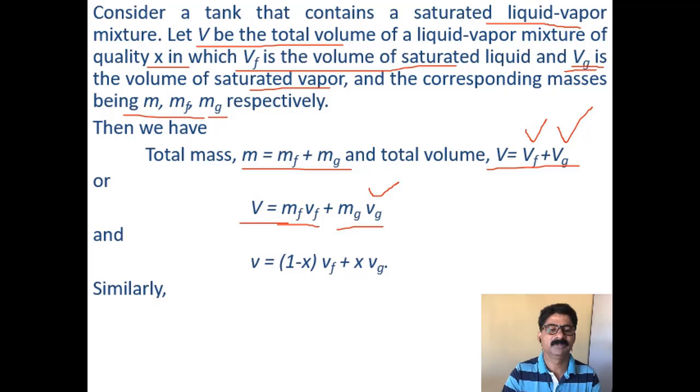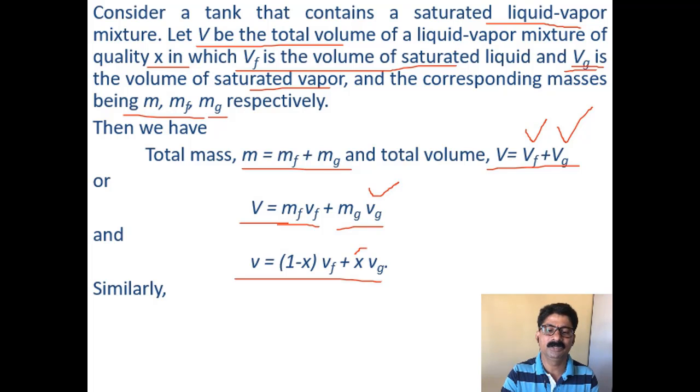Now the specific volume can be expressed as v is equal to (1 minus X) into vf plus X into vg. Now you have to understand this formula. You see X is the dryness fraction. So it indicates that so much percentage of total mixture is dry steam. So if X is equal to 0.8, it means 80% is dry steam.